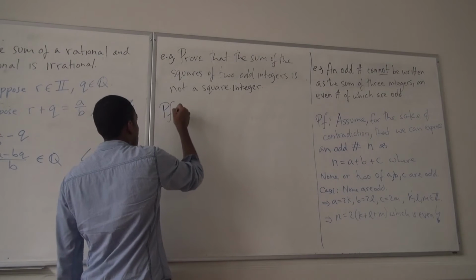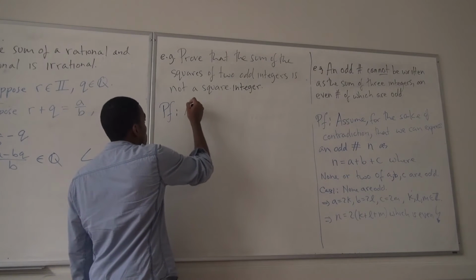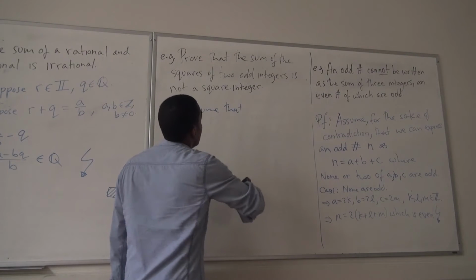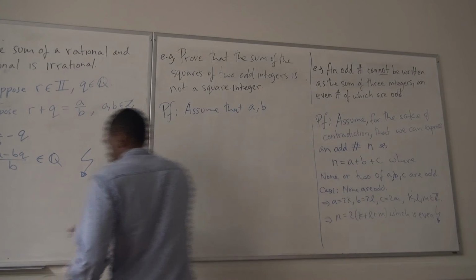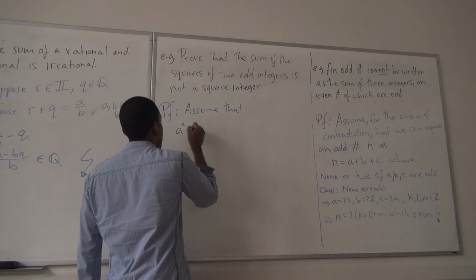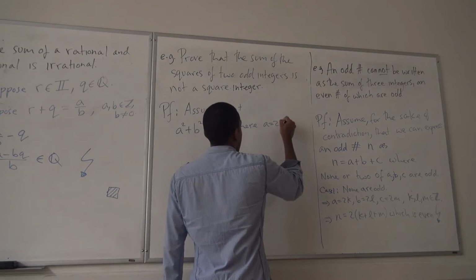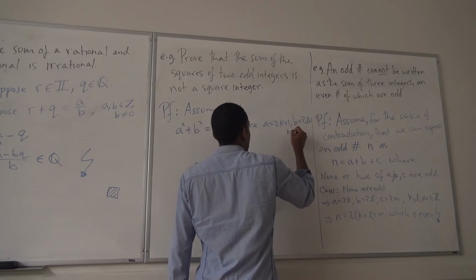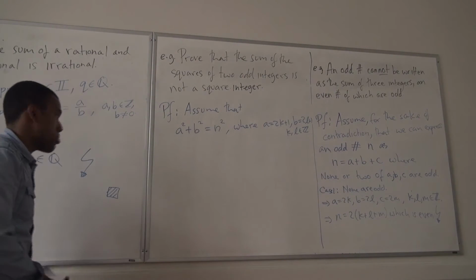So assume that it is a square integer and A and B are odd. Assume that a squared plus b squared equals n squared, where a is equal to 2k plus 1 and b is equal to 2l plus 1 for k, l integers. Right, so I have two odd integers that when I add their squares, I get the square of some other integer.